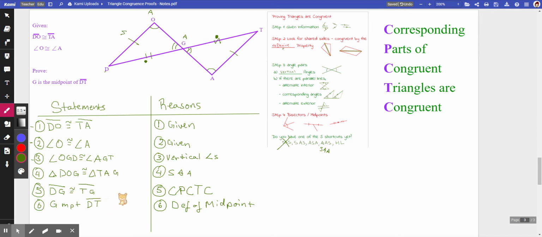If you have this, then you can make this statement saying by definition of midpoint. It works in both directions. And so now we have finished our proof. We showed that G is the midpoint of segment DT by using CPCTC after proving that the pair of triangles was congruent.